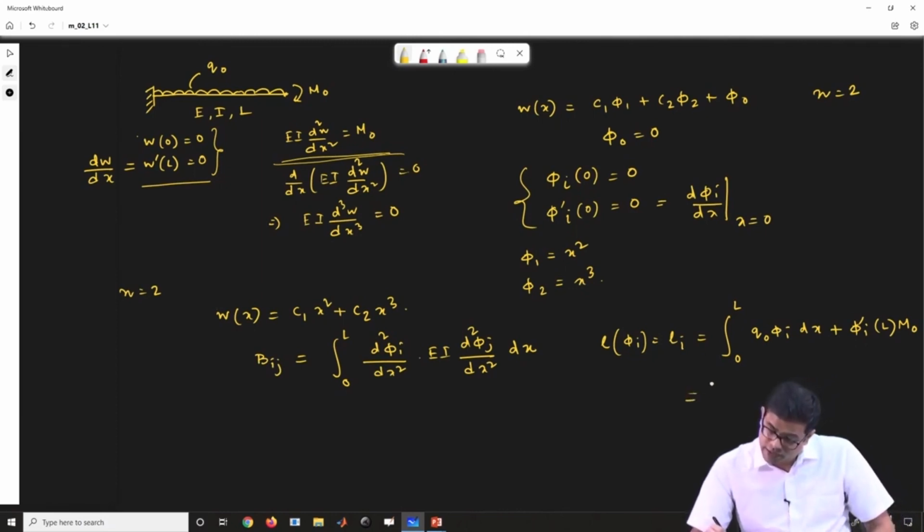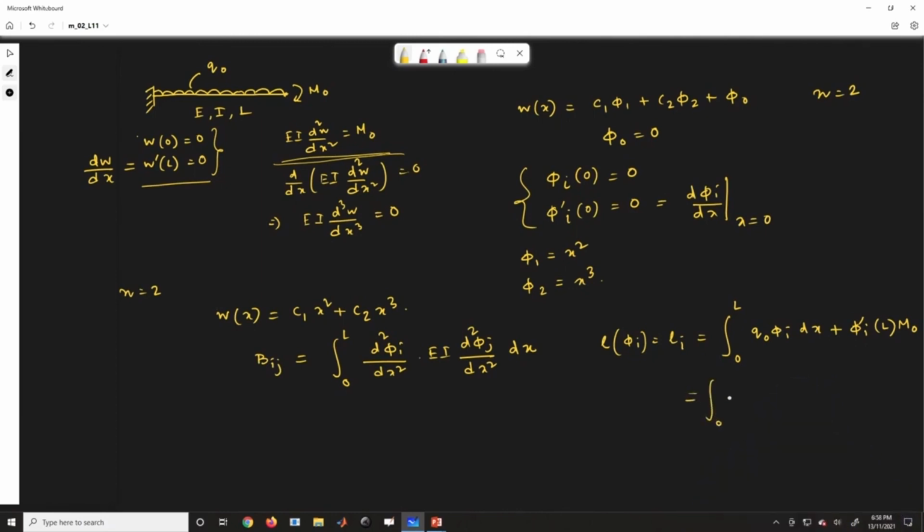So if I write it again, that is integral Q0 phi I dx plus d phi I dx at x equals L into M0. So this is slope. Slope is conjugate to the moment, right?